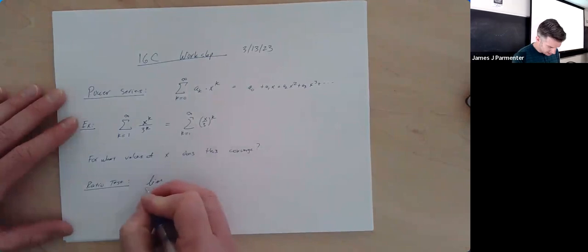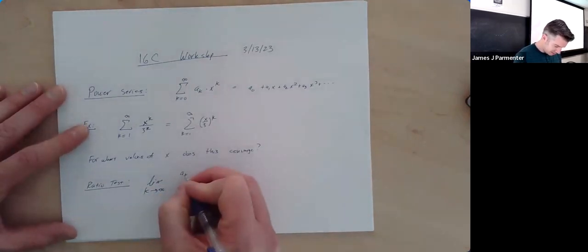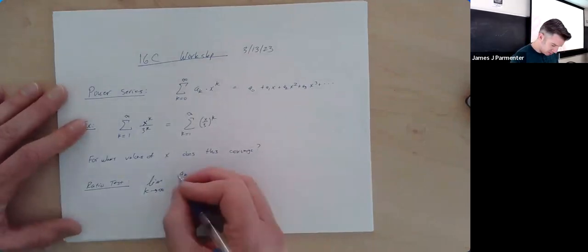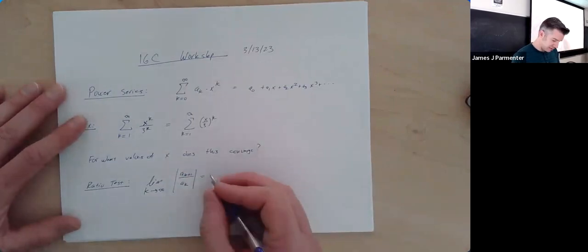Fine with your k's. The limit as k goes to infinity of a sub k plus 1 over a sub k. This is where we definitely need the absolute values, because we're going to find x can be positive or negative.